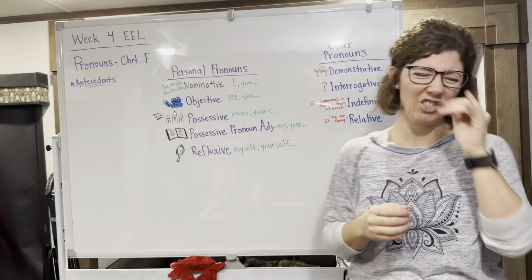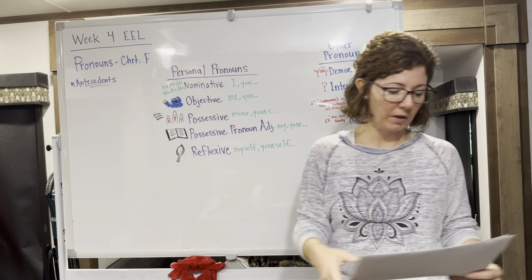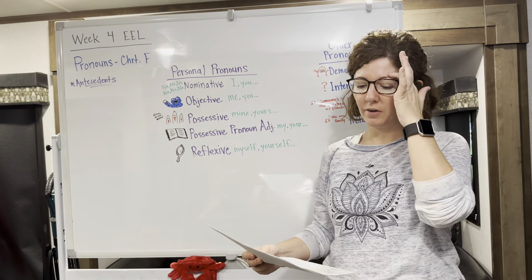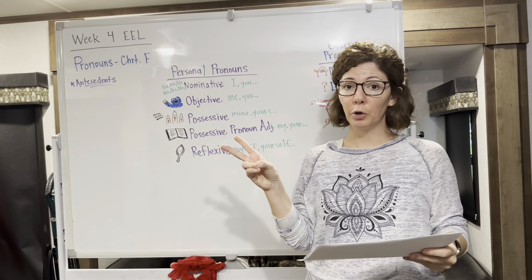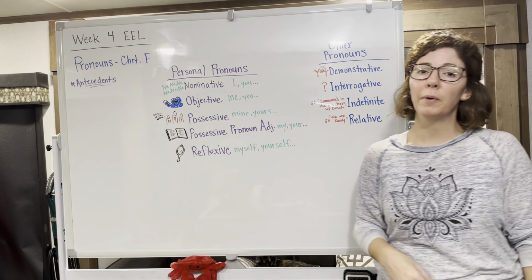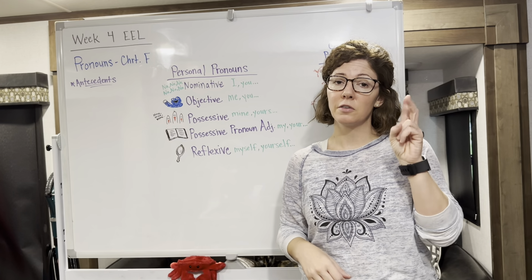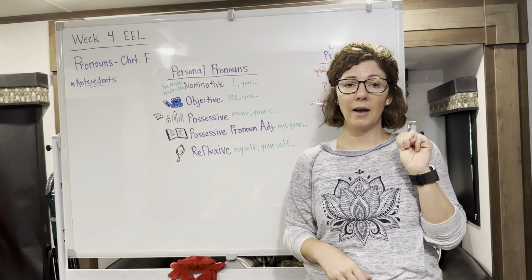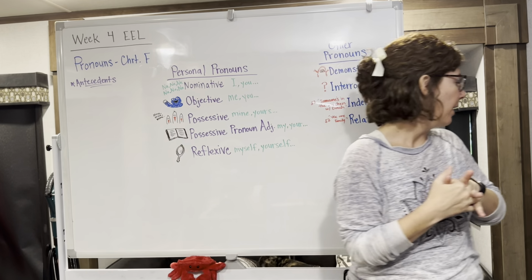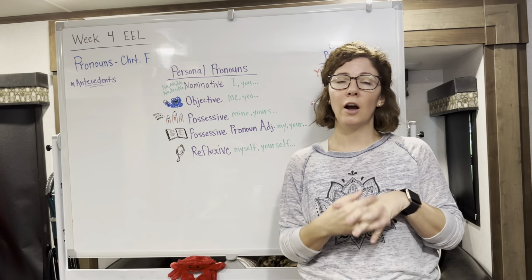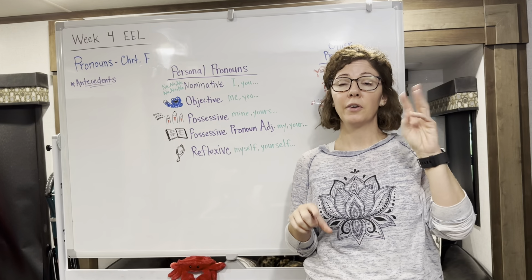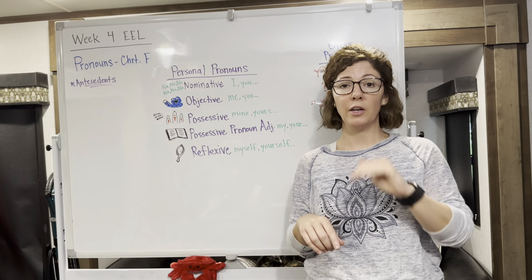The next thing we'll see on our chart, we've got the first few columns. We have number, singular and plural, and then we have person: singular first, second, and third, and plural first, second, and third person. And then for gender, in our singular third person category, we have male, female, and neuter.